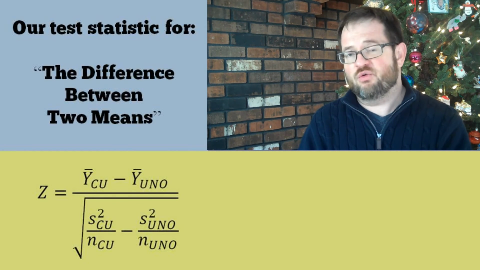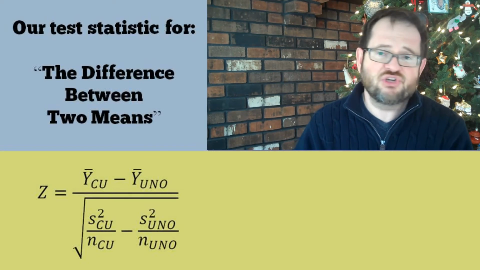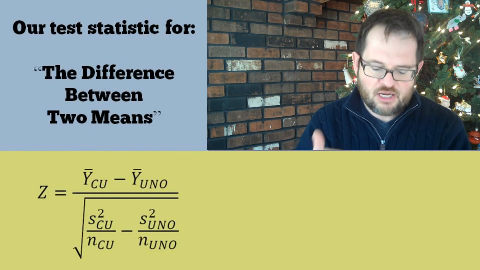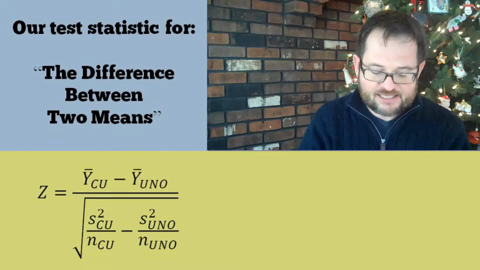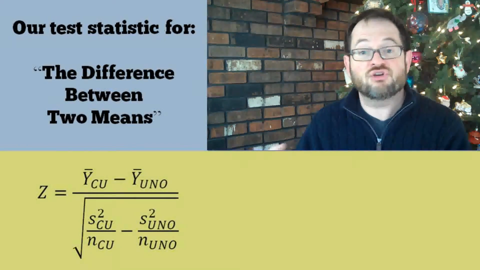As you can see by looking at that equation already, it's a fairly horrible looking equation, and I'm not expecting you to memorize it or even use it, okay? The purpose here is to show you that this exists. This is the test statistic, Z, that we use when we are comparing two means.